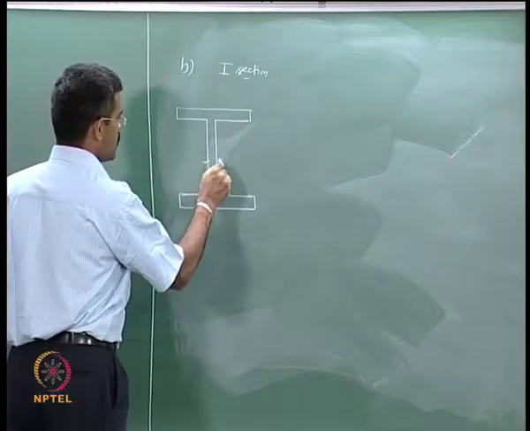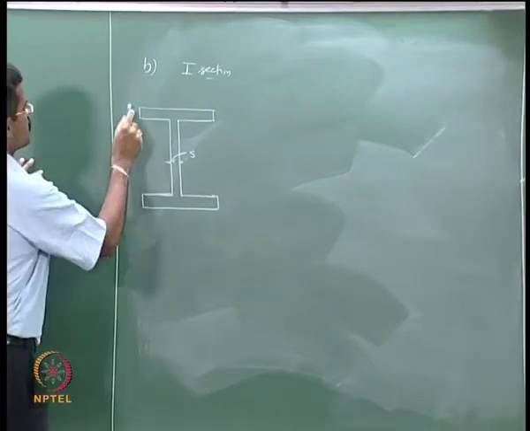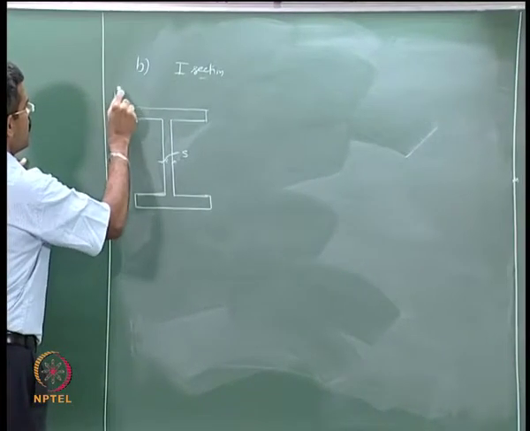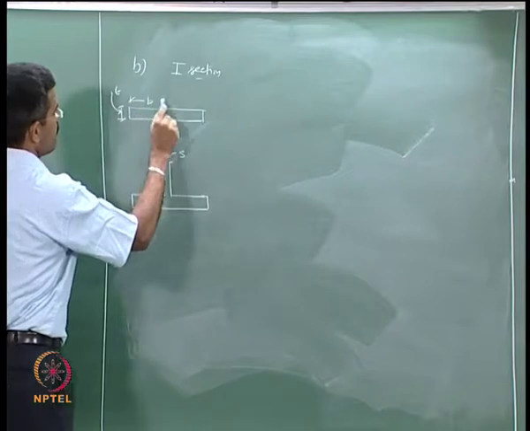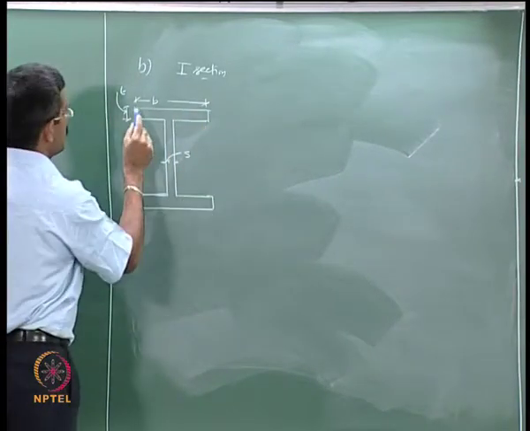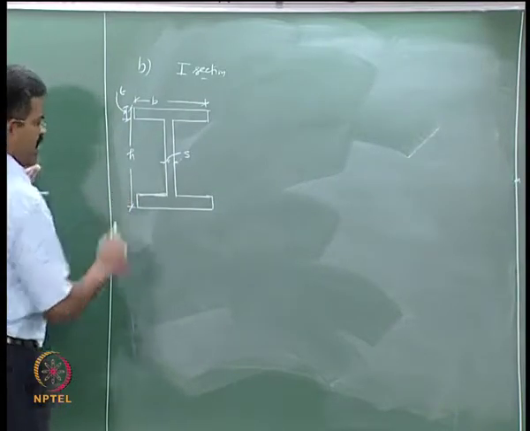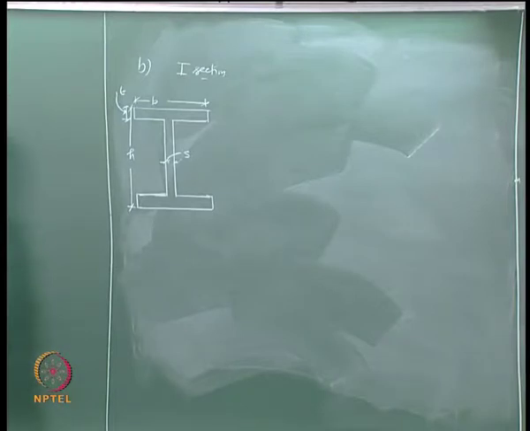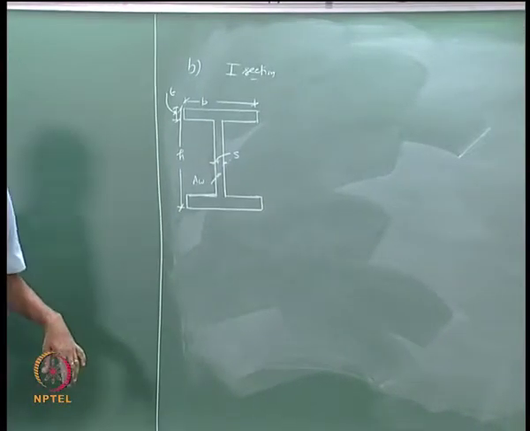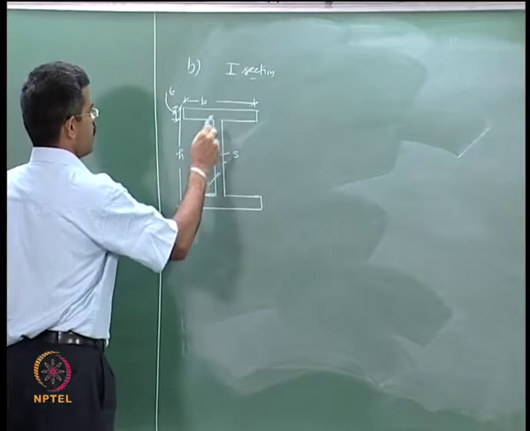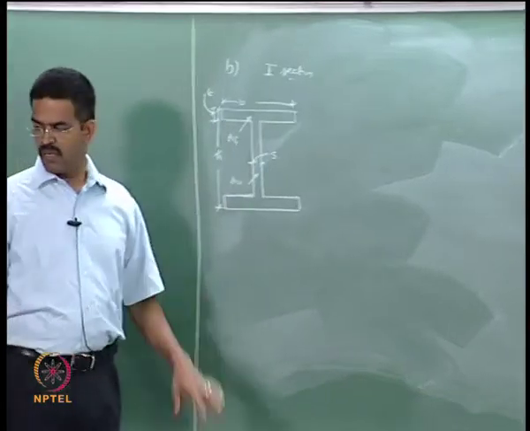I call this as S and this of course as T, and this as B, and this as H. We call this the area of the web, and I call this the area of the flange. AF stands for area of the flange and AW stands for the area of the web.